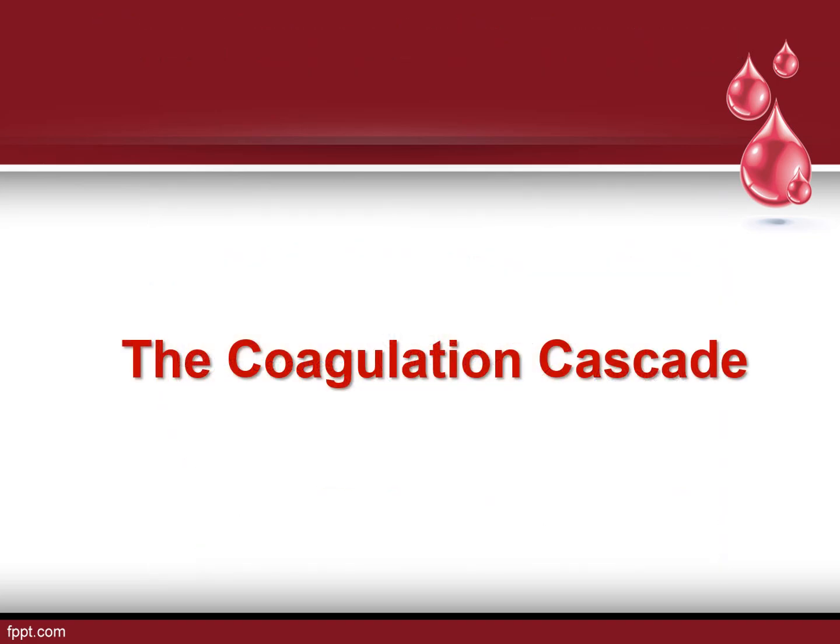Let's now talk about the coagulation cascade, which is the formation of the secondary hemostatic plug. Usually, it's a sequential activation of a series of proenzymes to activate enzymes, resulting in significant stepwise response amplification, leading to the secondary hemostatic plug.